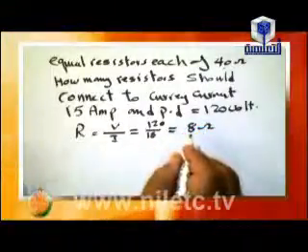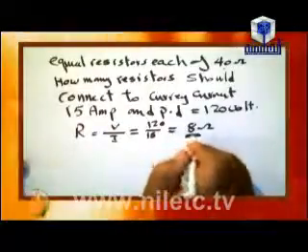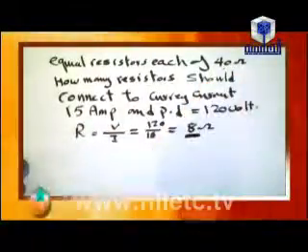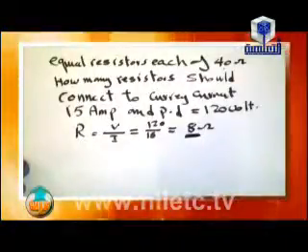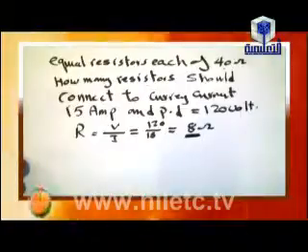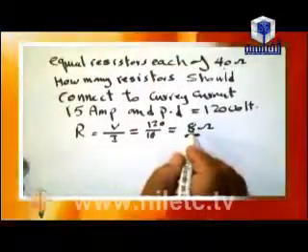The total resistance for all resistors is equal to 8 ohm. 8 ohm is less than 40 ohm. So the resistors are connected in parallel, because the equivalent resistance is smaller than the smallest one. So R equivalent equals 8 ohm.